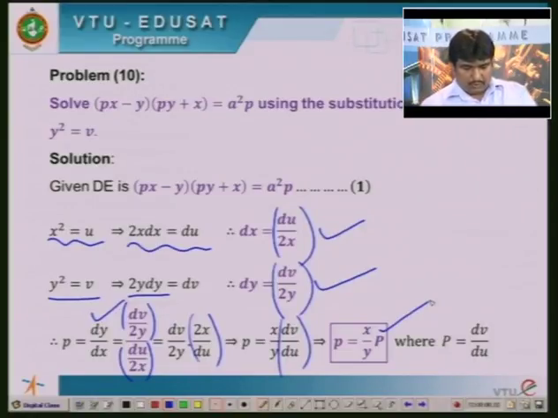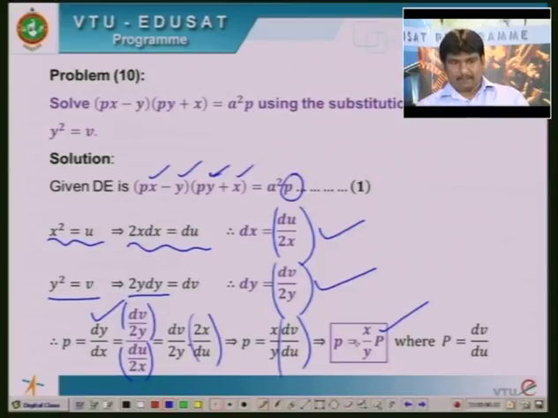I will substitute all these things here. I will not change these x and y now. I will just replace small p by x by y into capital P throughout.